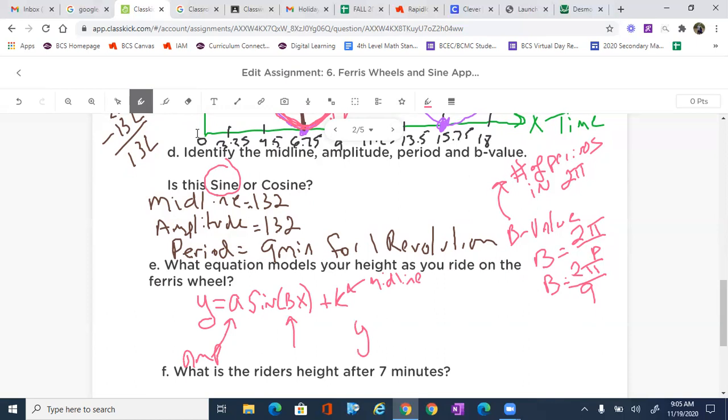So I'm just going to write it y equals, it's a positive sine because it's going up, our amplitude of 132. Sine, our b value is 2 pi divided by 9 times x. And our midline is 132.